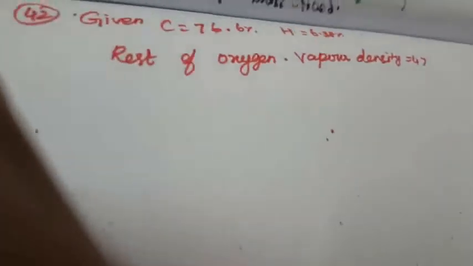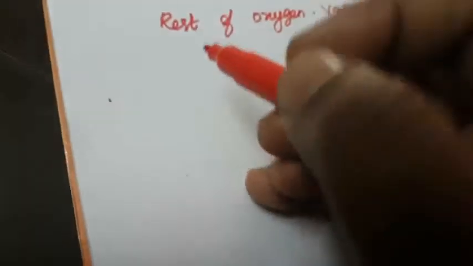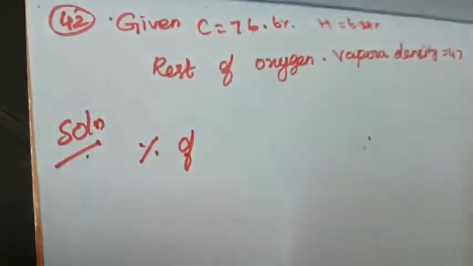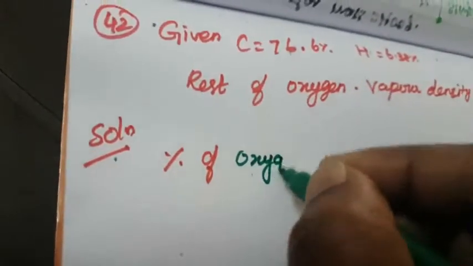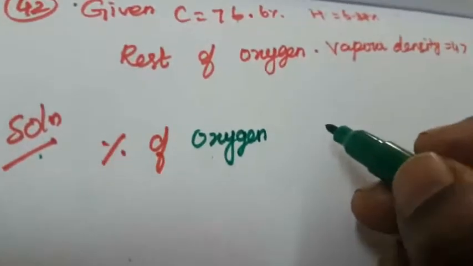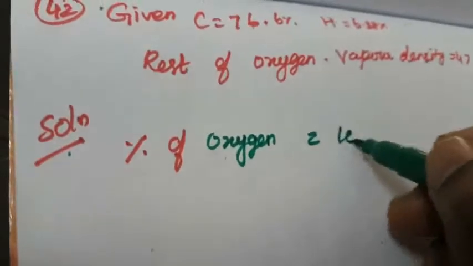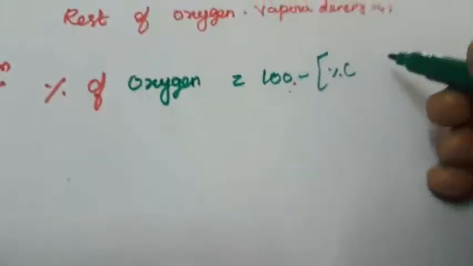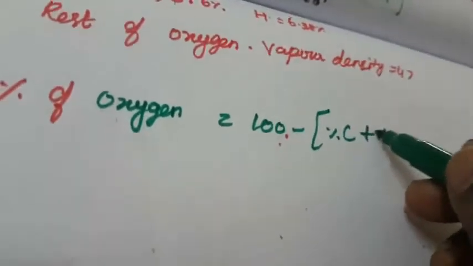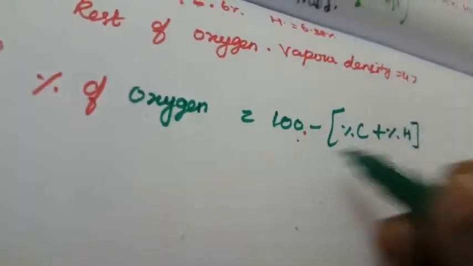From this data we can calculate the empirical formula and molecular formula. First you have to calculate the percentage of oxygen. Solution: percentage of oxygen is equal to 100 minus the percentage of carbon plus percentage of hydrogen. You understand that?